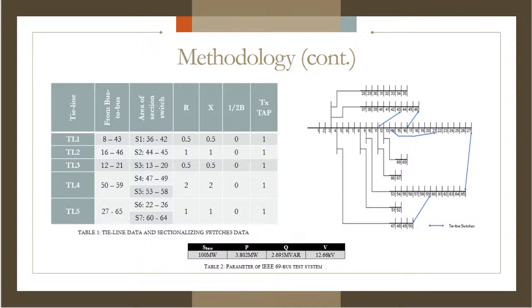Table 1 is the tie-line data and sectionalizing switch data, where tie-line 1 is located between bus 8 and bus 43 with one sectionalizing switch. Tie-line 2 is located between bus 16 and 46 with one sectionalizing switch.